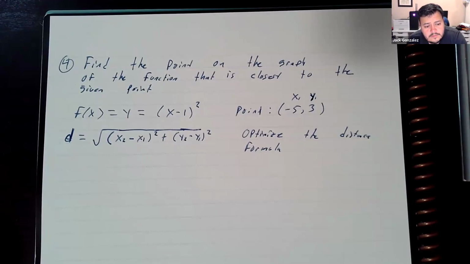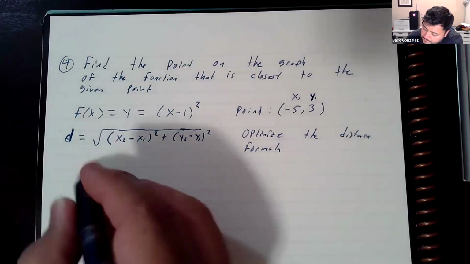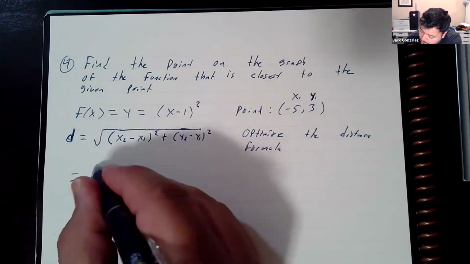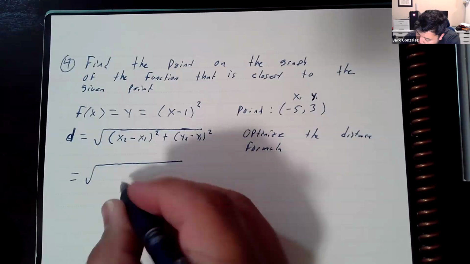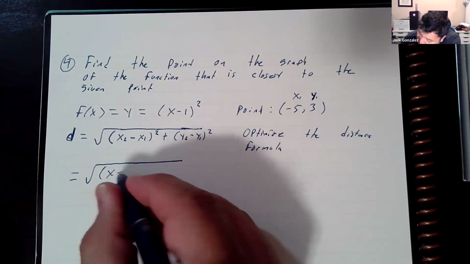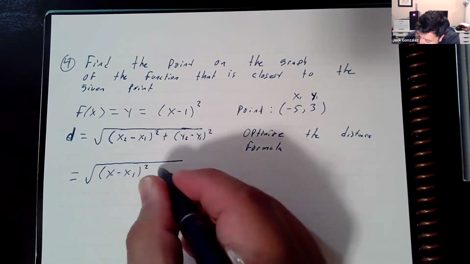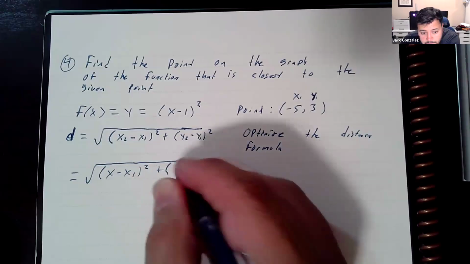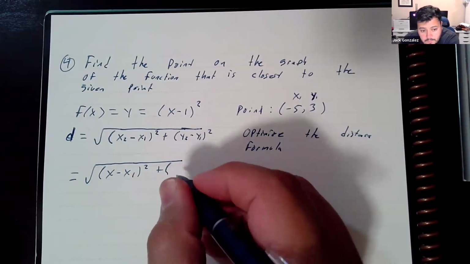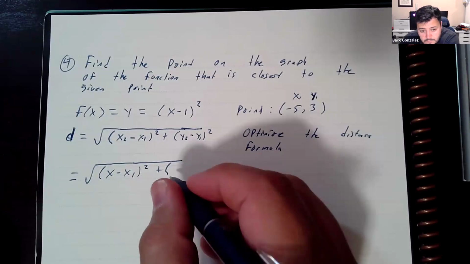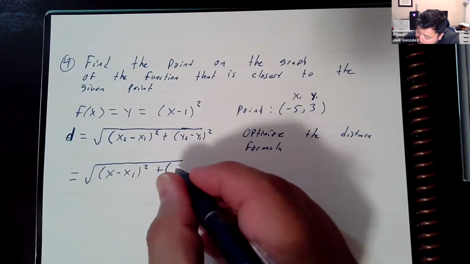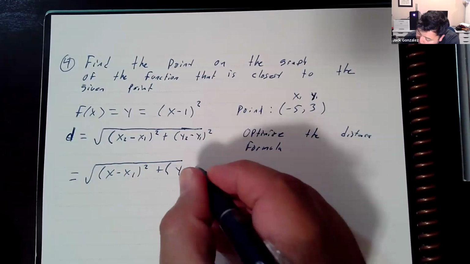Since we already have y, we can plug it in. And we got x1 and y1. So we're going to use this version of it: the general x minus x1 squared plus general y minus y1 squared.